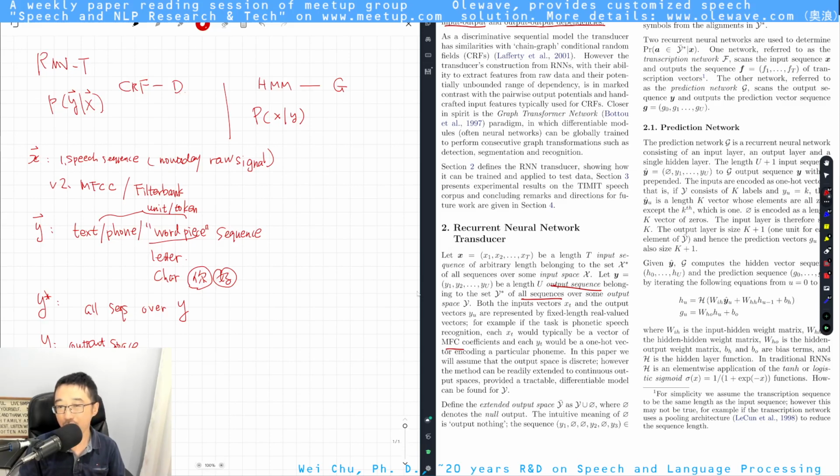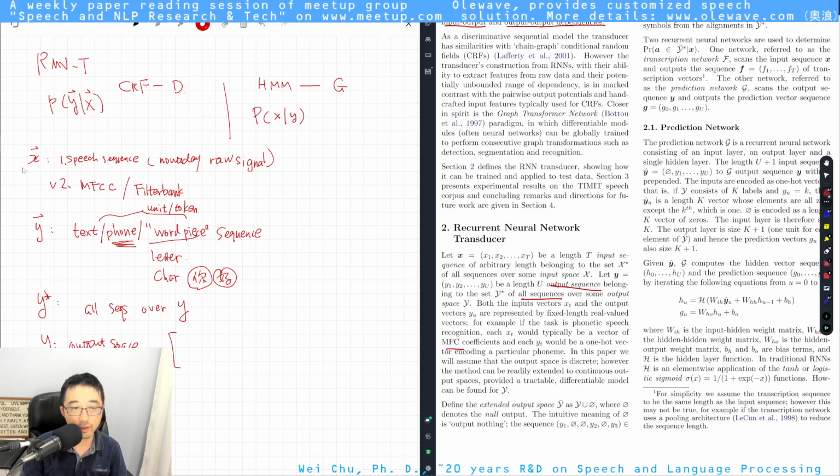So I assume that, and you can see in the following. And then he defined the output space, meaning the stuff he is actually talking about. The y can be the space of phones.